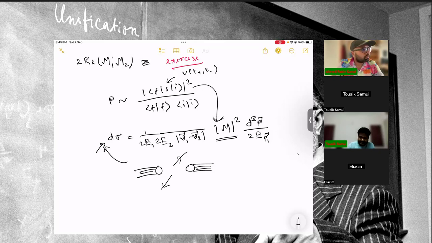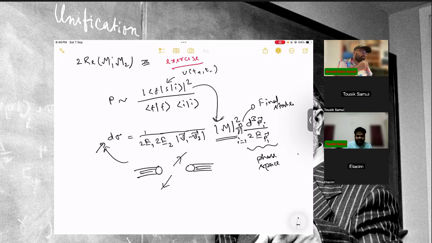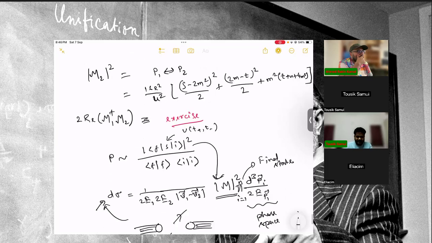And where these dP_i are essentially for i from 1 to n, the final state particles, and so this is called the phase space of the final state. Here the scattering amplitude that I was trying to calculate, one for QED and one from another theory, comes in.